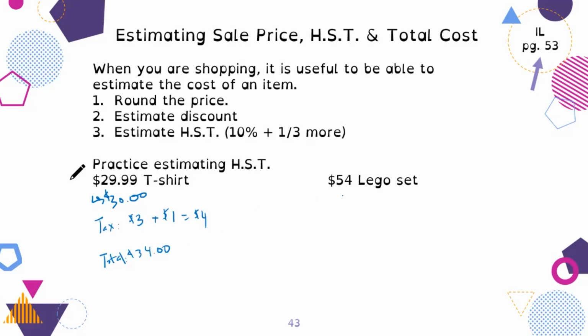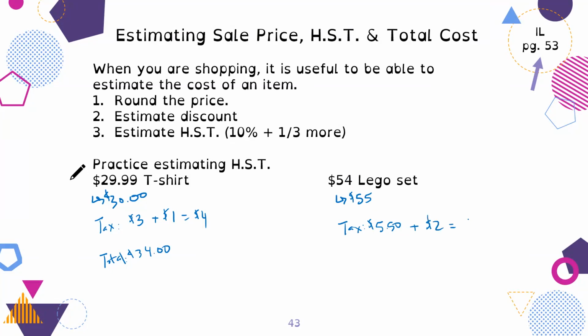Here, if we have a Lego set at $54, I'm going to estimate that to $55. 54 isn't too friendly, but 55 is a little bit friendlier for me. So the tax, 10% of 55, is $5.50. Then a third of $5.50. Well, that's not super friendly, but $5.50 is pretty close to $6, and a third of $6 is $2.